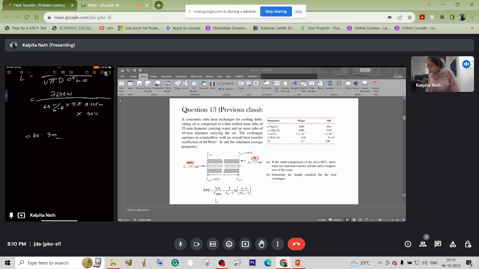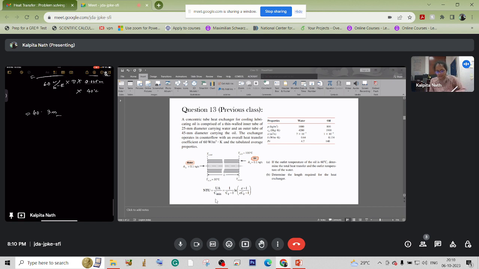Now we can also use the NTU method. This is the LMTD method, we can also use the NTU method. If you use the NTU method, we need to find the heat capacity ratio. So C minimum is Ch, so this comes out to be 190 watt per Kelvin. This is 0.1 kg per second into 1900 joule per kg Kelvin.